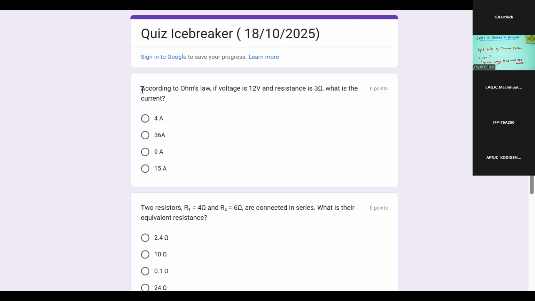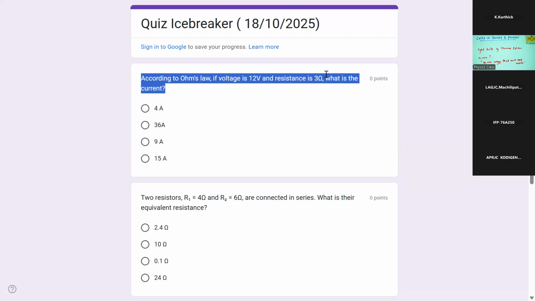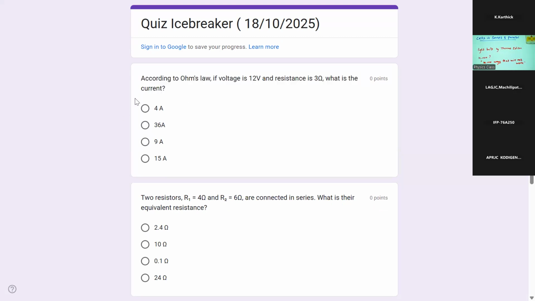According to Ohm's law, if voltage is 12 volt, resistance is 3 ohm, what is the current? Very, very easy one.